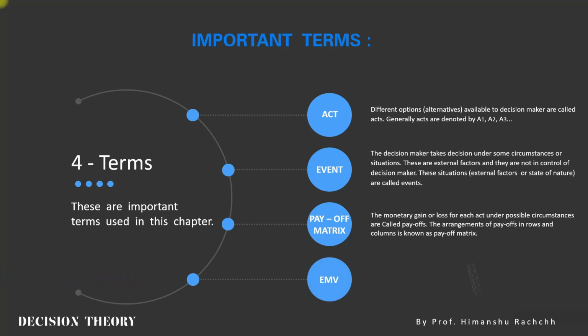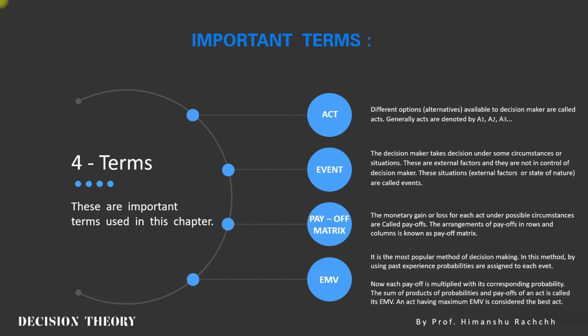Fourth is EMV. EMV is the short form of expected monetary value. It is the most popular method of decision making. In this method, by using past experience, probabilities are assigned to each event. Now, each payoff is multiplied with its corresponding probability.